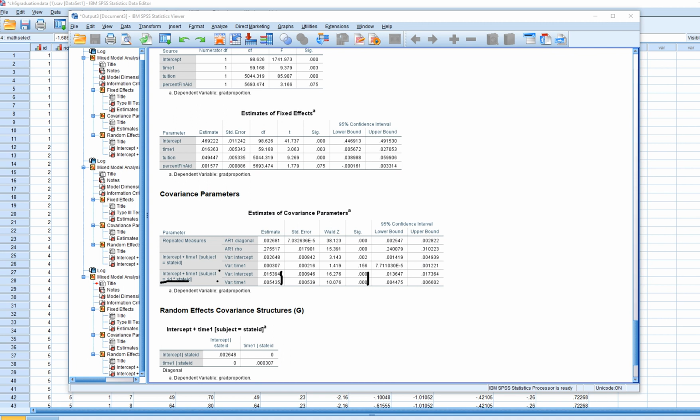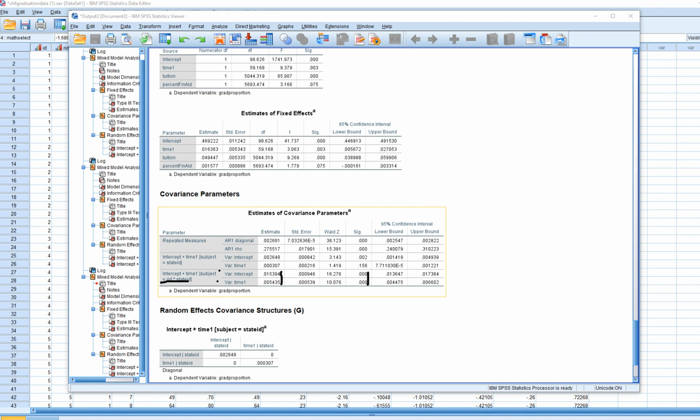Keep in mind that the intercepts are reflecting, based on the coding of our variable, where the initial code on our time variable was 0, the institution's initial status when it came to grad proportion.